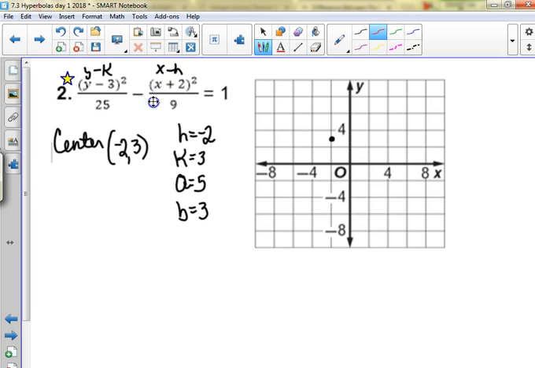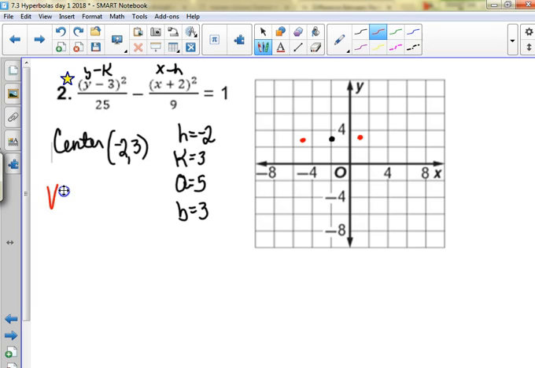From there, how much do I go to the left and right? Left and right is, guys, under the x here, so I go 3. Are those the ones we're going to label as vertices in a minute? No, because the y is first, it's the positive one, so we're going to actually open it up and down. If we go 5 up and down, those are the vertices.